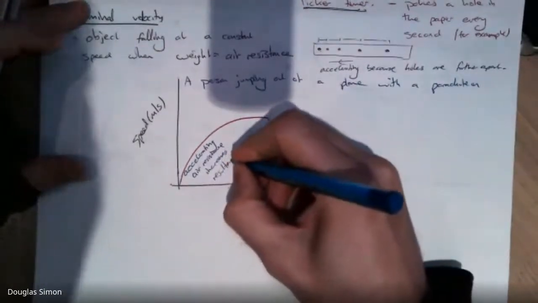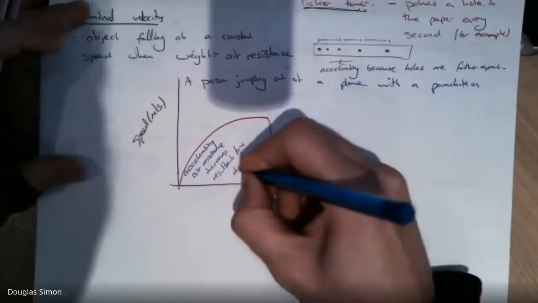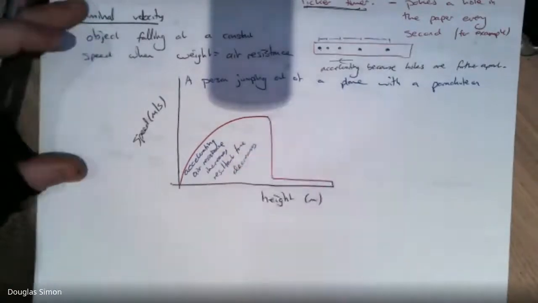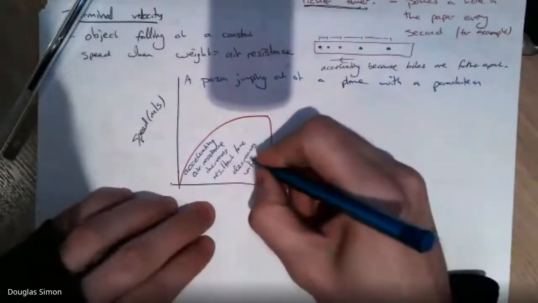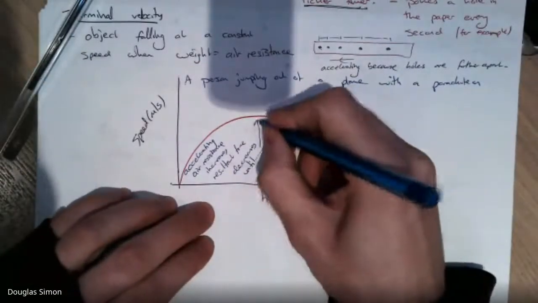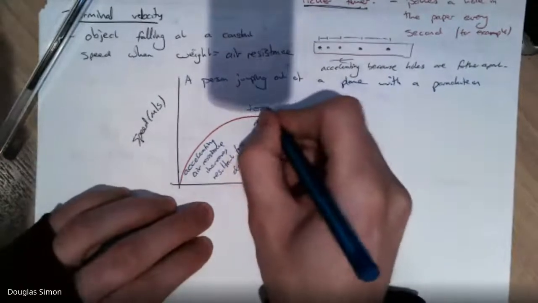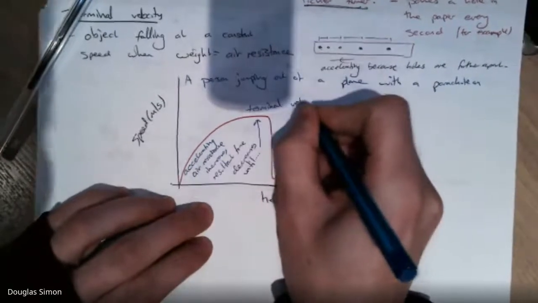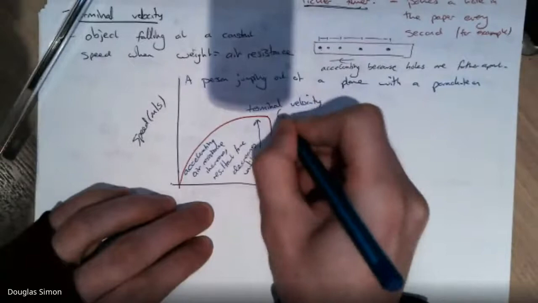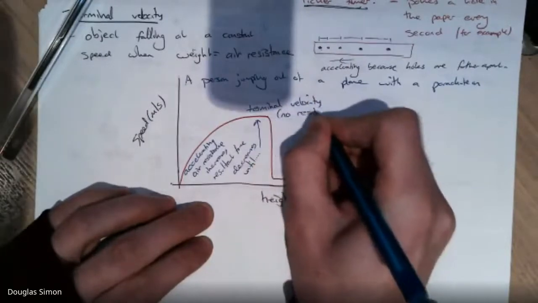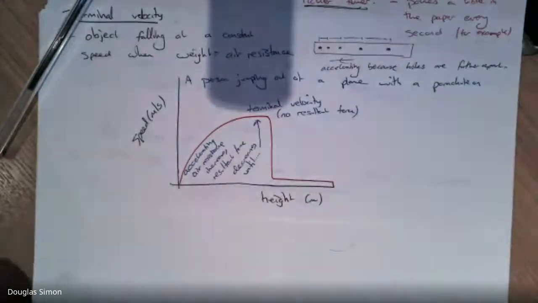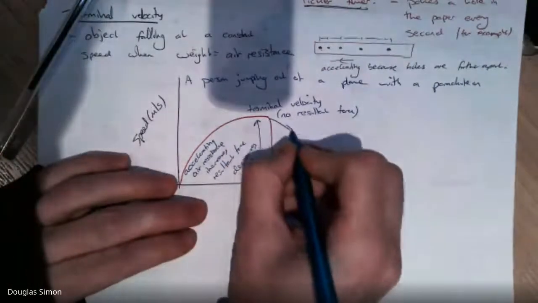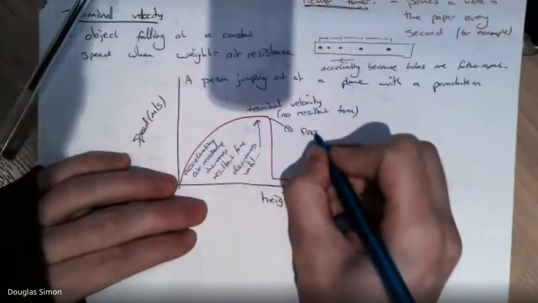The resultant force decreases until terminal velocity. So no resultant force. At this point here, the parachute opens.